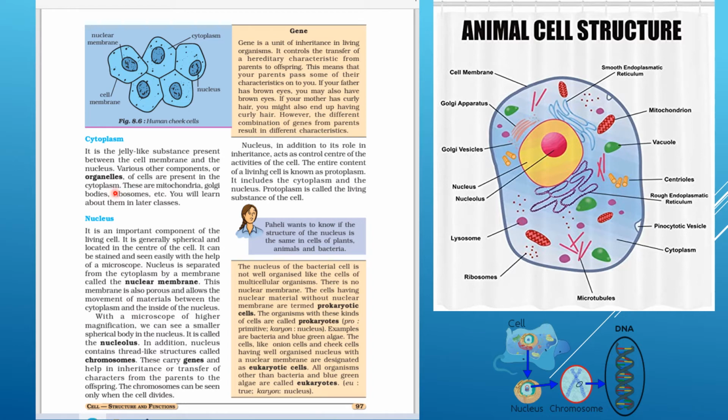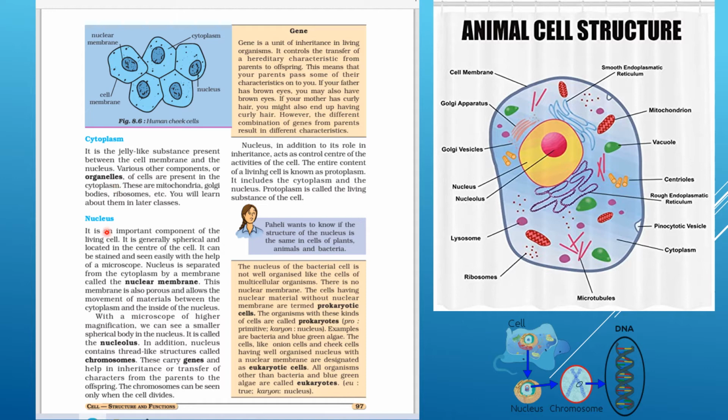Organelles is the name given to those various components, for example mitochondria, Golgi bodies, ribosomes. In detail we will study it in the higher classes, what their work is. Now the only basic thing is that cytoplasm is present, and in that cytoplasm various organelles are there.